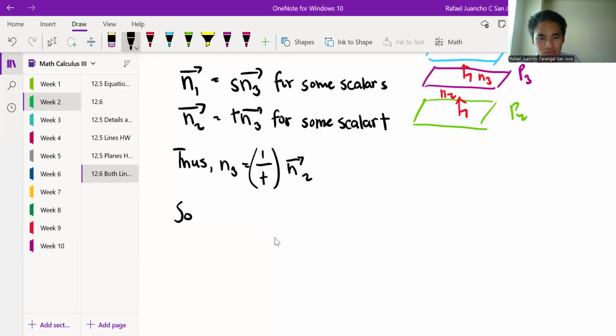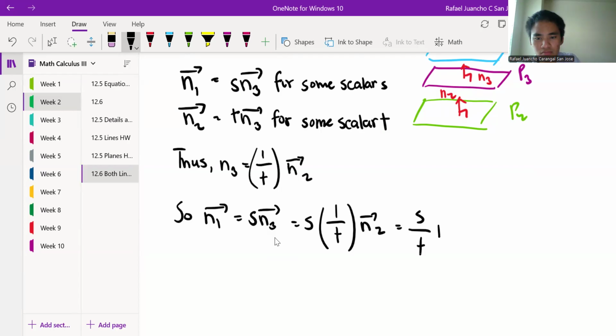N1, some constant, 1 over T. Yeah, so we're able to derive N1 in terms of N2, and this is just some scalar, and so that means they're parallel.